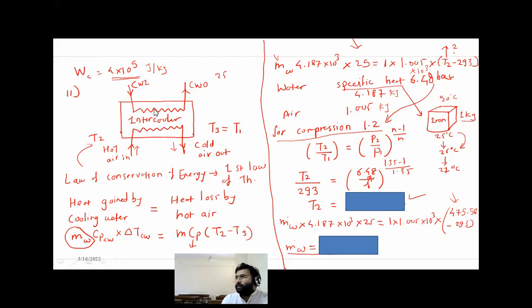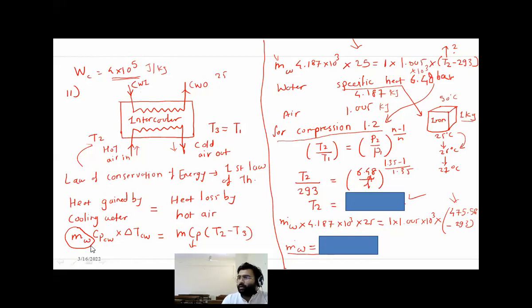So if you apply the law of conservation of energy here, heat lost by hot air is the heat gained by the cooling water. By the first law of thermodynamics, heat gained by cooling water is equal to heat lost by hot air. So how to calculate heat loss or heat gain? m Cp delta T, that is the standard formula: mass flow rate into specific heat into change in temperature.